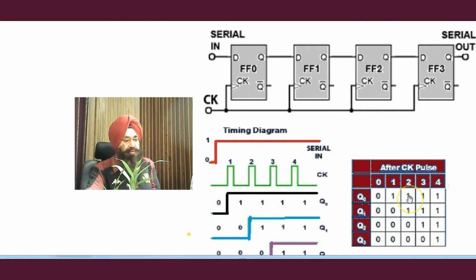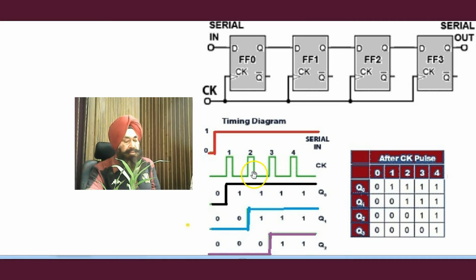So the output of Q0 is also 1. The 1 that was here is shifted to this place, so Q1, the flip-flop 1 output, is also 1. This is 0, this is 0.